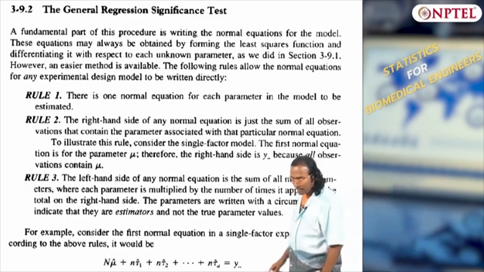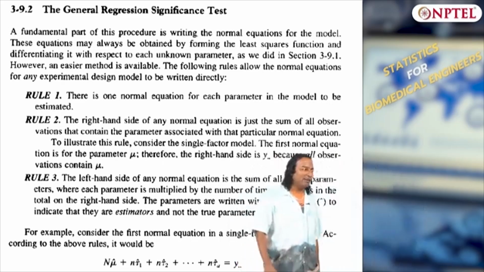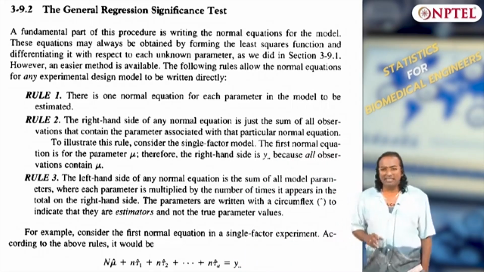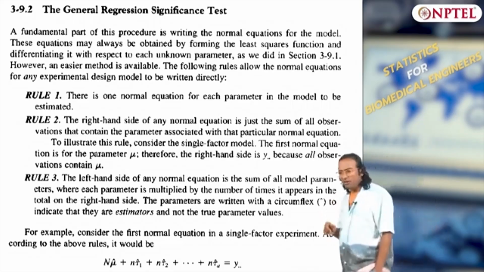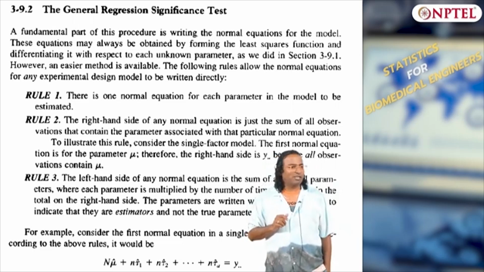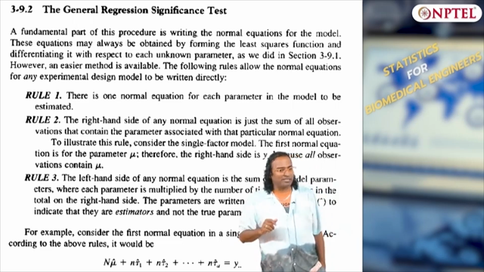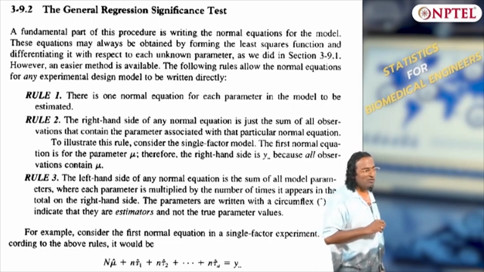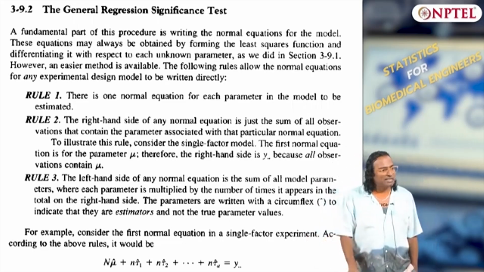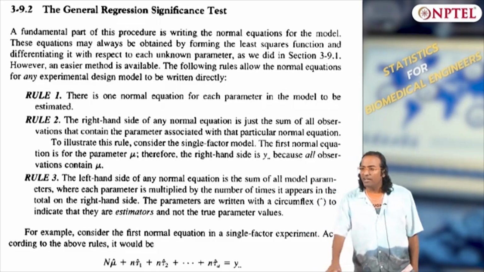Now, in general, if you want to do a regression, there are certain rules you can easily follow to figure out the normal equations without having to do differentiation and expansion. If you do differentiation and expansion, you may make errors and goof up. So, there are simple, easy rules to write the normal equations.